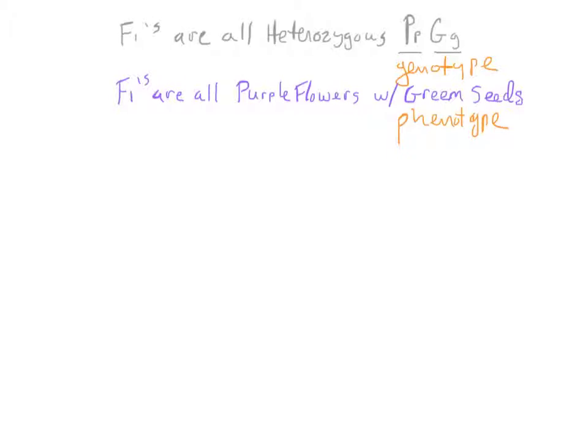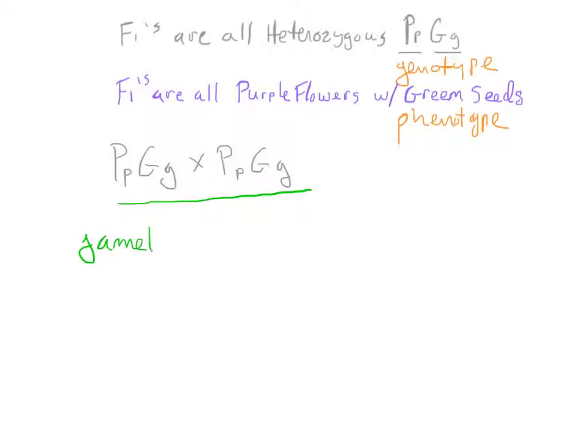Okay, now we're going to cross two of the F1s together and look at the F2 generation. To create the Punnett square for this cross, we will need to know what the gametes look like.